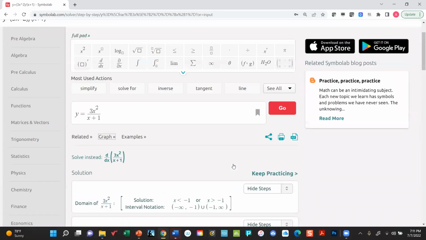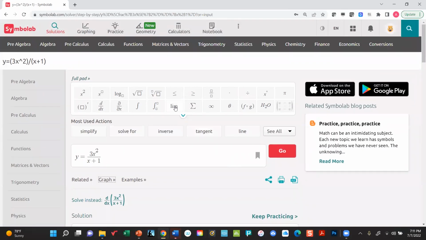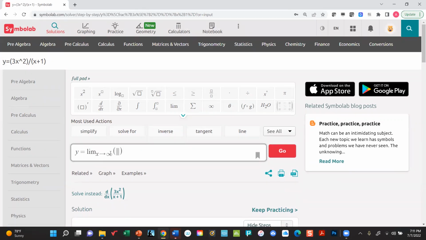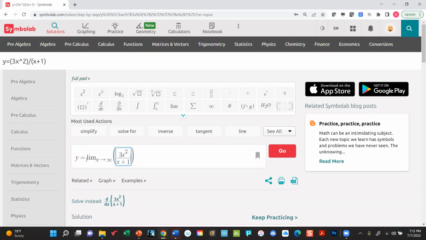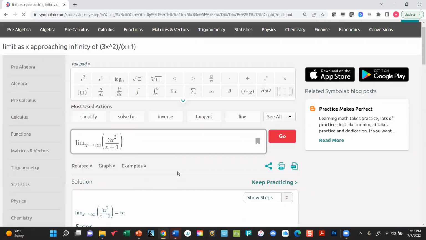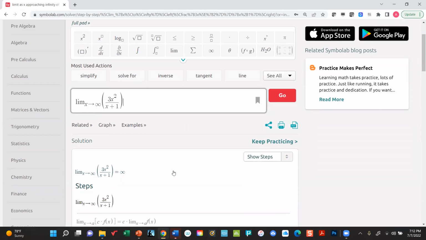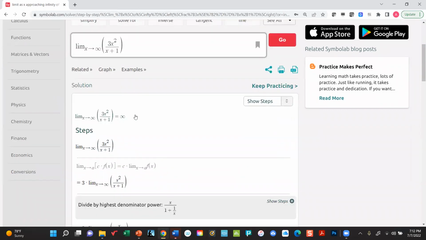By the way, don't forget that Symbolab is capable of doing limits. So let's see what Symbolab has to say about this. So they got the same thing we did, infinity.